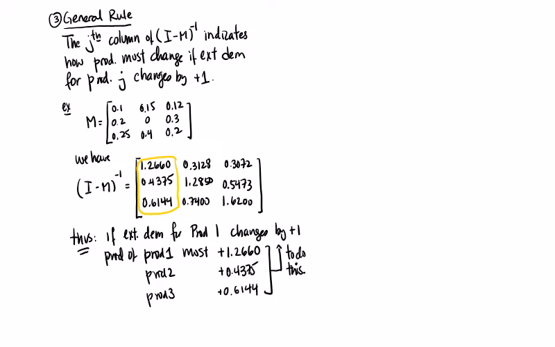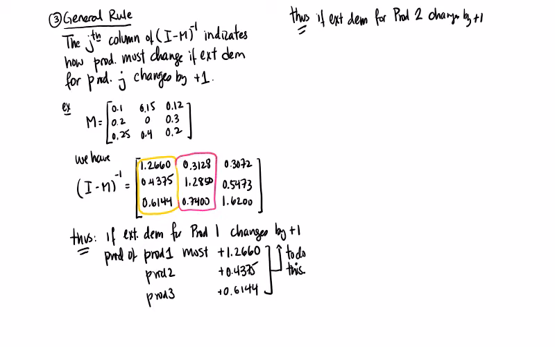Likewise, I'll list one more so we see how this works per column. If the external demand for, say, product 2 changes by +1, then we look at the second column.